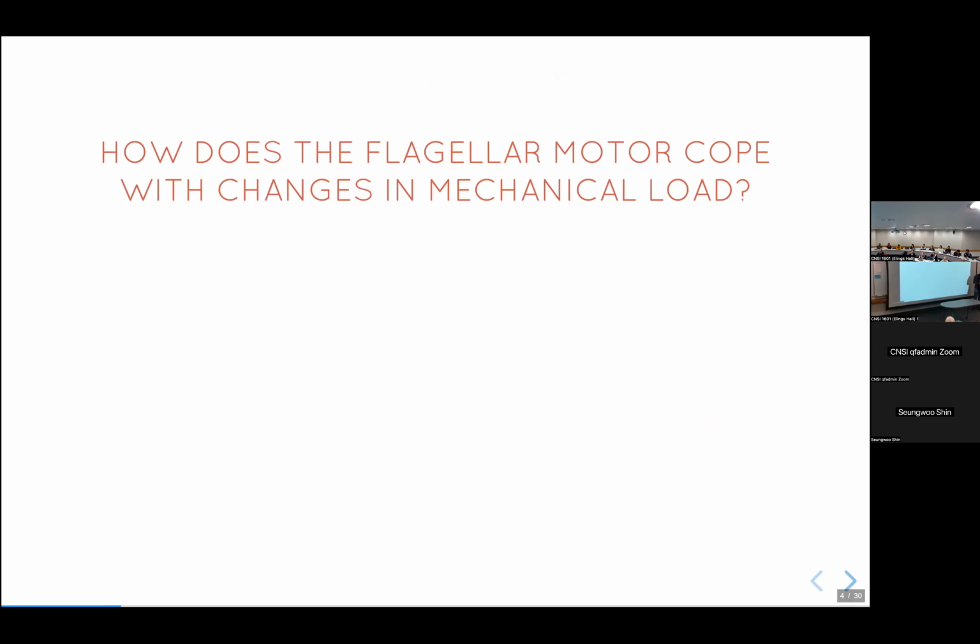One of the questions that we are really interested in is how does this motor that is driving the flagella of bacterial cells cope with sudden and dramatic changes in load? To give you one example, imagine the cell is swimming around in water and suddenly it enters a very highly viscous environment, which means that the load on the motor would go up. And what does the motor do in that situation? Does it stop spinning? What happens?